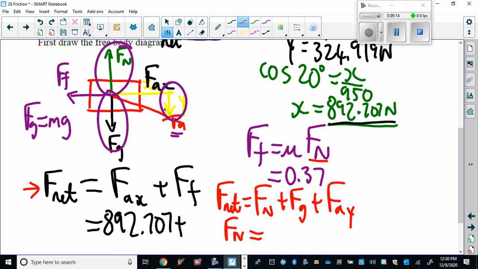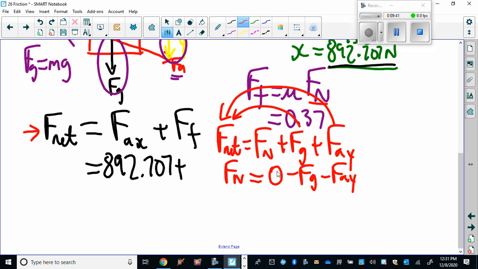We know that F net is 0, so Fn equals, let's write it anyway, 0 minus Fg minus Fa. I just took the Fg, moved it over there, took the Fa, moved it over there also, and 0 is for the F net.